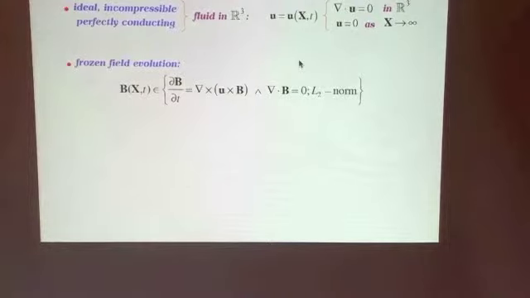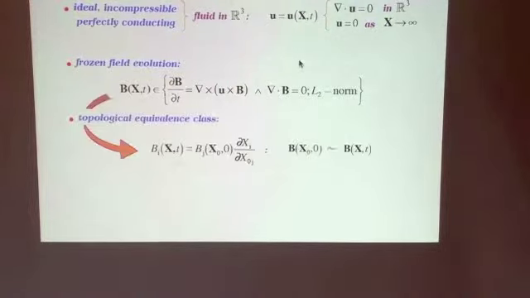The governing equation, if you think of the magnetic field, for example, or vorticity field, would be this transport equation that we recognize as Faraday's equation for magnetic field, or Helmholtz equation for vorticity, with the assumption of div B equals 0. I take everything in L2 norm to have finite energy.